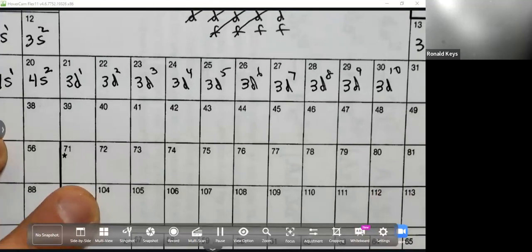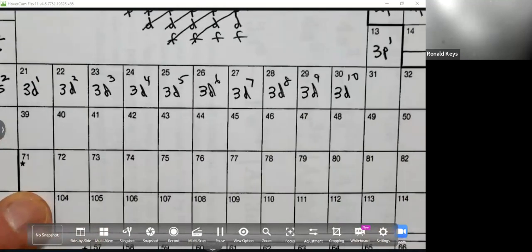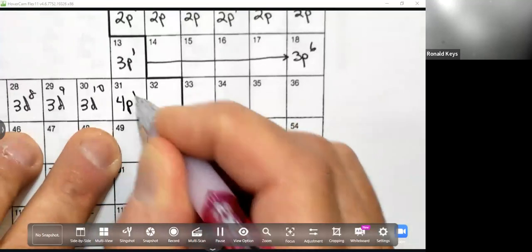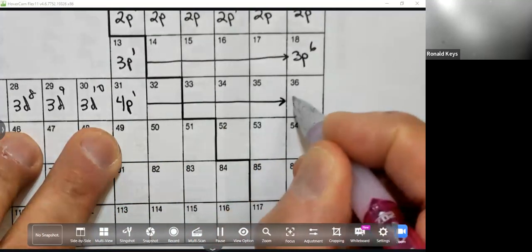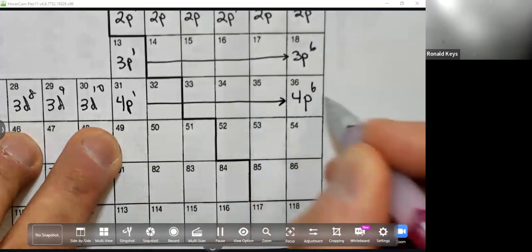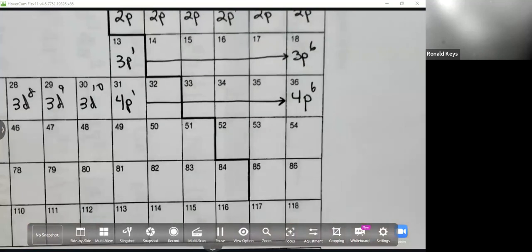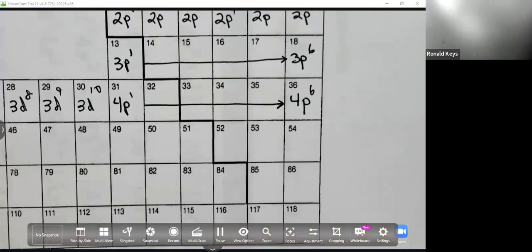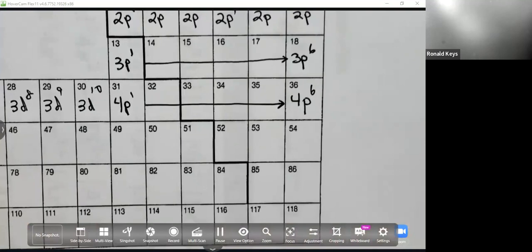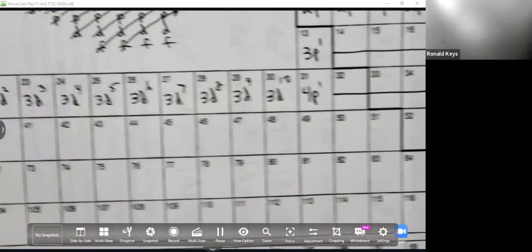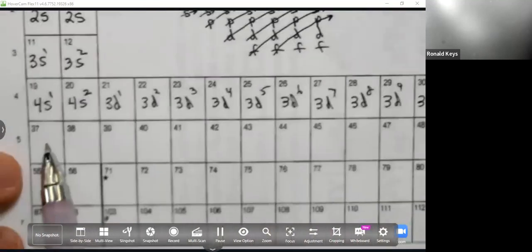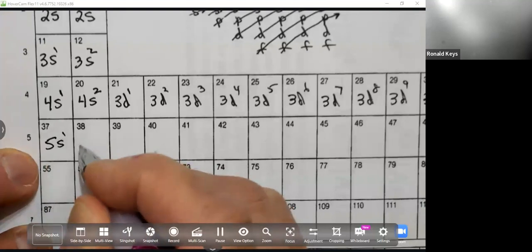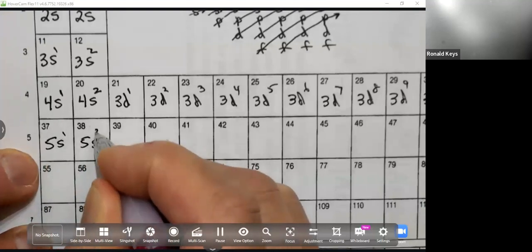After 3d10, what do you suppose? 4p1, 4p6. After 4p6, what do you suppose here? 5s1, 5s2.